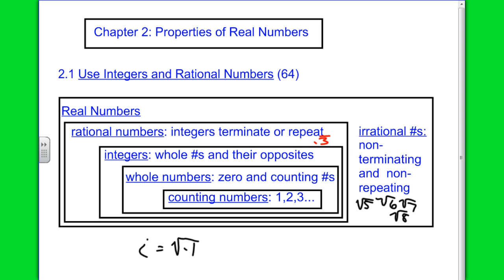So the square root of -1 is what? Now imagine, what times itself equals -1? -1 times -1 is what? 1. So can you imagine a number that when multiplied to itself equals -1? That's the imaginary number.